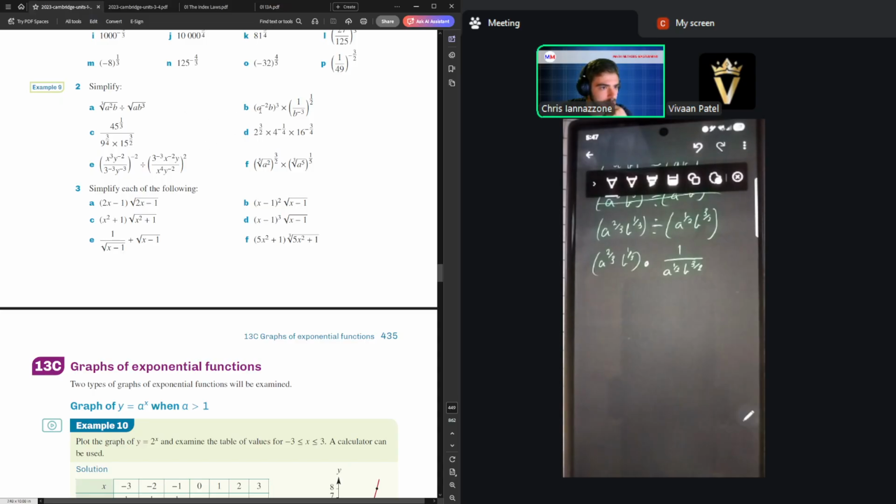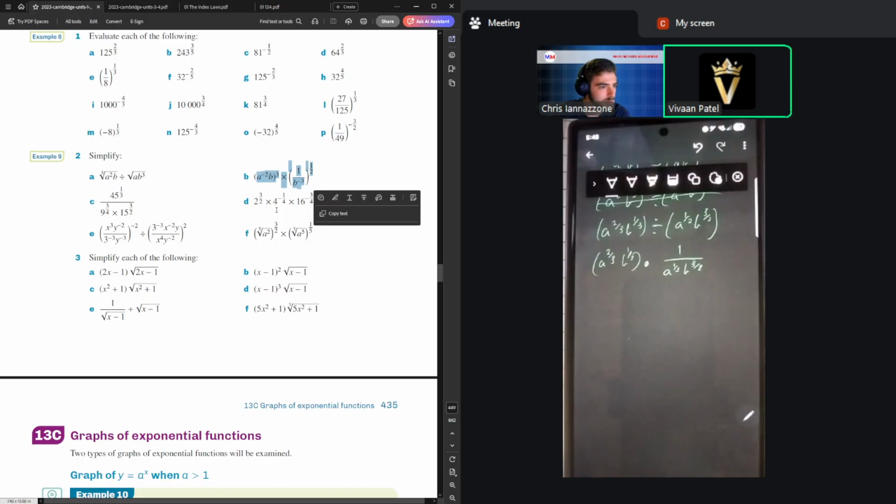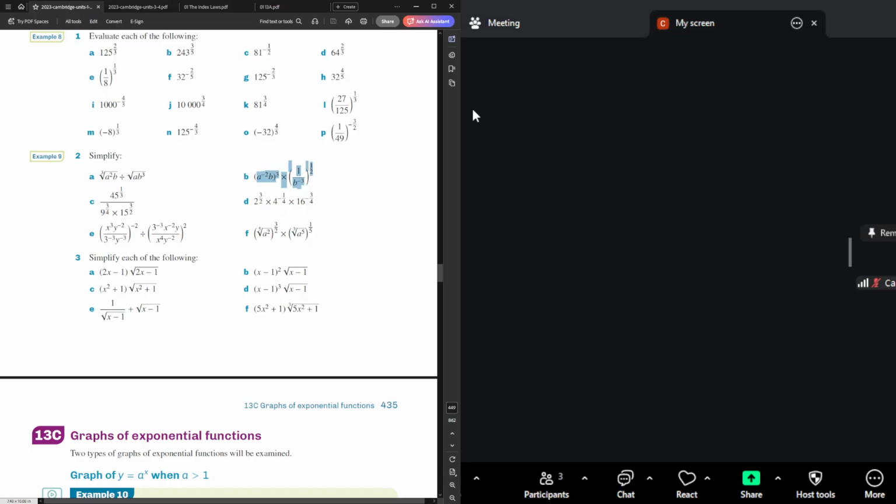Okay, very similar level of complexity over in part B. Give that a shot. Is it 3B or 2B? Could you scroll up? I can't see it. Okay.